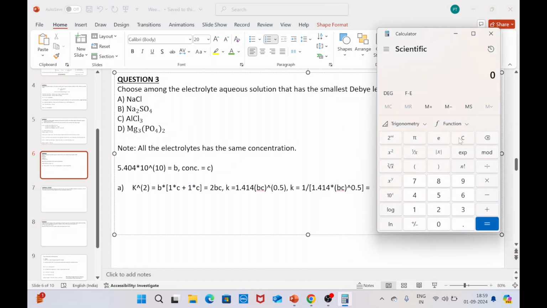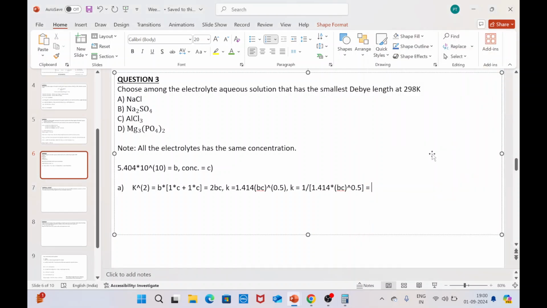We just need to know what 1 by 1.414 is: 0.707. This is the Debye length: 0.707 bc power minus 0.5. So this is option A.